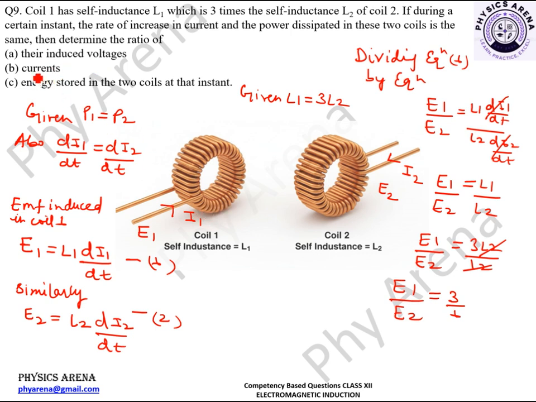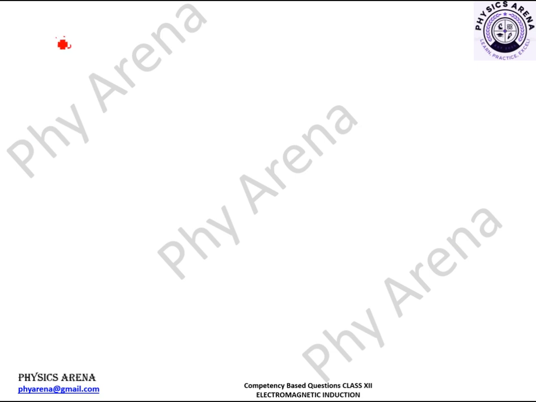Now we need to find the ratio of the induced current as well. For that, we will be using the second information given to us, that is the power dissipated in the coils is the same. So let's take part B. Power dissipated in coil 1: P is equal to VI.